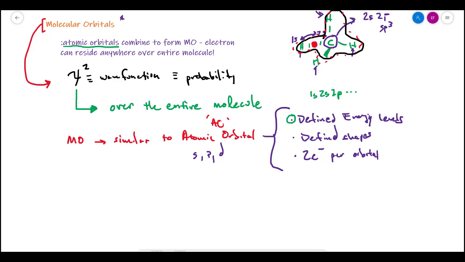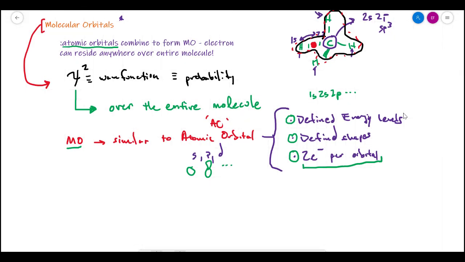Molecular orbitals have defined shapes too. So just like atomic orbitals, s and p had specific shapes, molecular orbitals do as well. And finally, we still can only constrain 2 electrons within each of the molecular orbitals that gets formed. In this case, though, the energy and the shape of the molecular orbitals depends on the specific molecule.